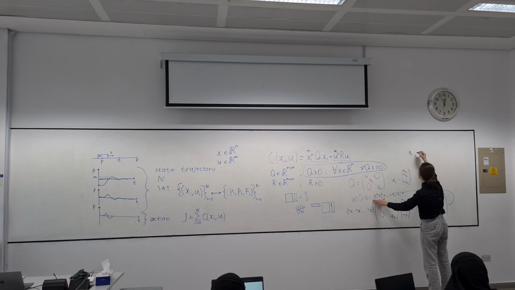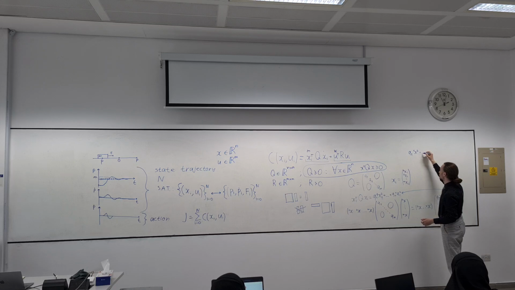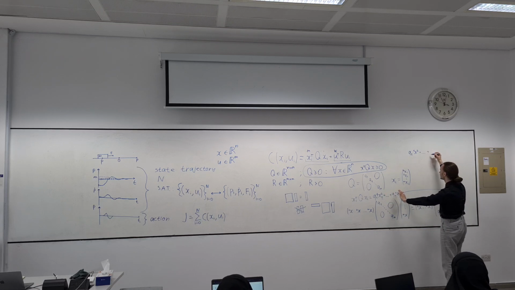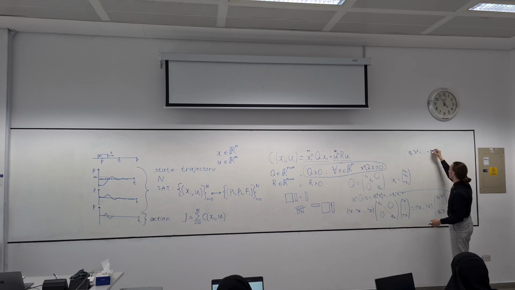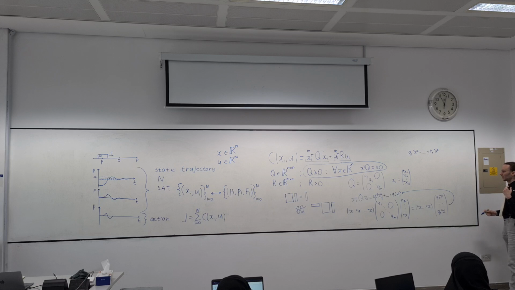So Q1 x1 squared, and we'll add to this the rest of the elements here, and then we're going to add to the same sum, according to this formula, R1 u1 squared, and they have to have the same units.